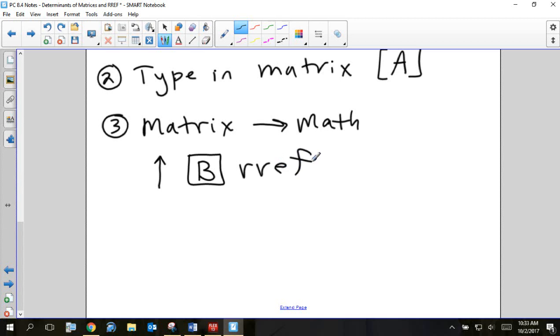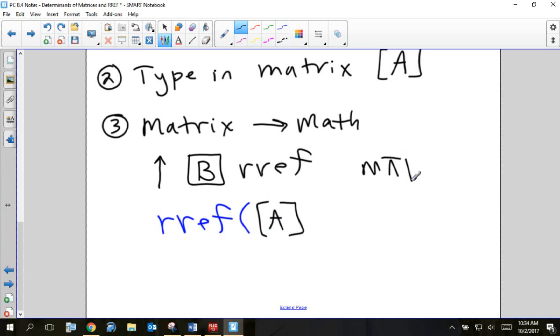That stands for Reduced Row Echelon Form, which is in the directions. And once you get that, it's going to show on the calculator. And there will be an open parenthesis. And then from there, you're going to have to go back to matrix and choose matrix A to go in that RREF. And then after that, you'll hit enter.